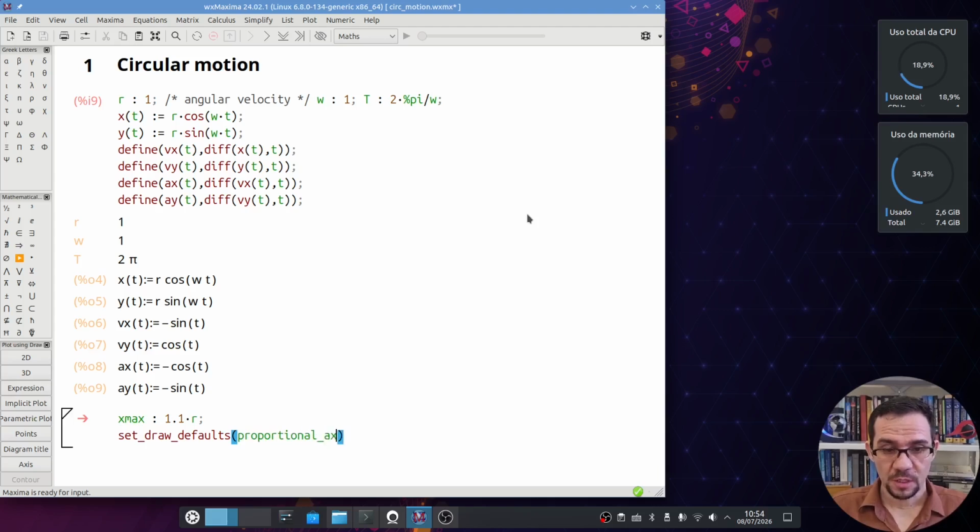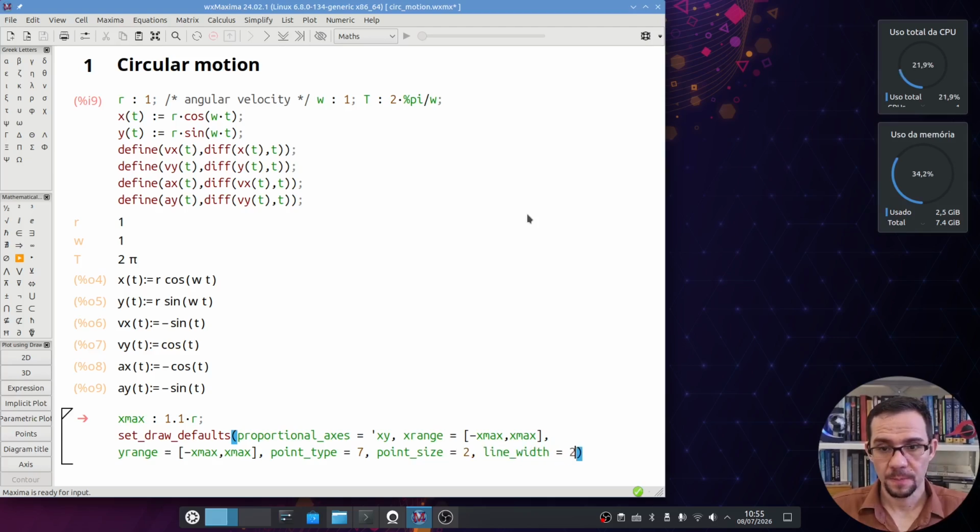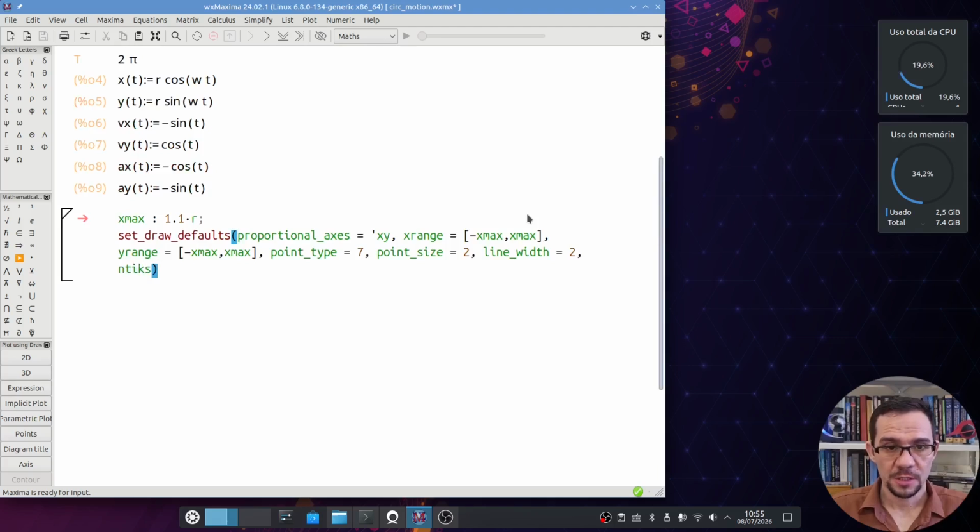So the first of them is proportional axis, and x range, y range, point type, point size, line width, and head length.